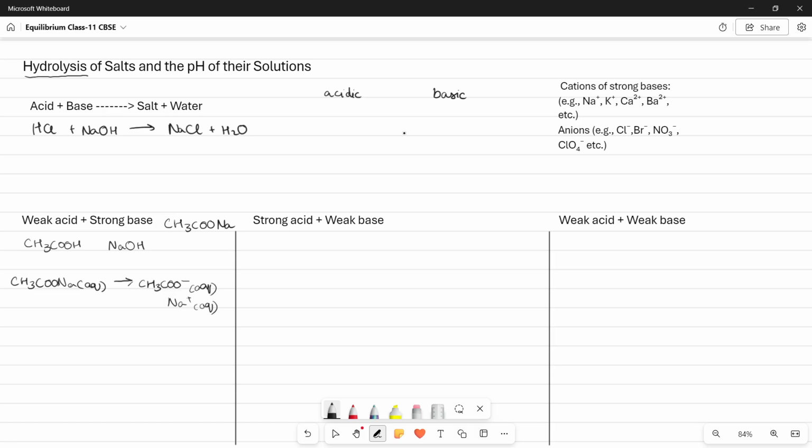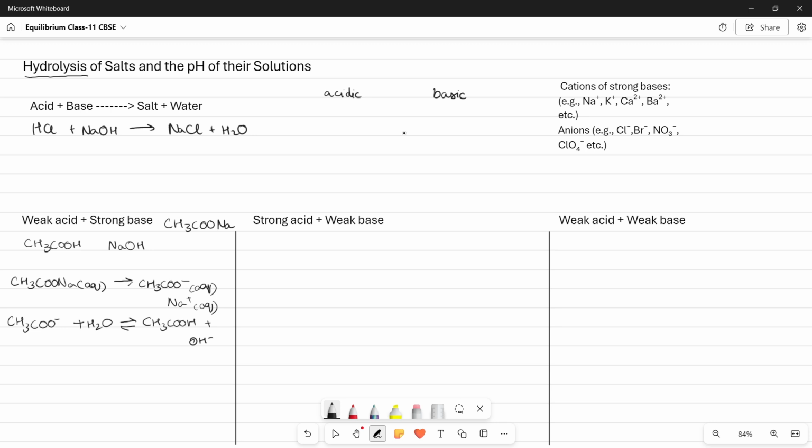However, the CH3COO minus does not like staying in the ionic form. So it will combine with the water, and this leads to the formation of acetic acid. Because it's forming the acetic acid from H2O, you're left with OH minus.